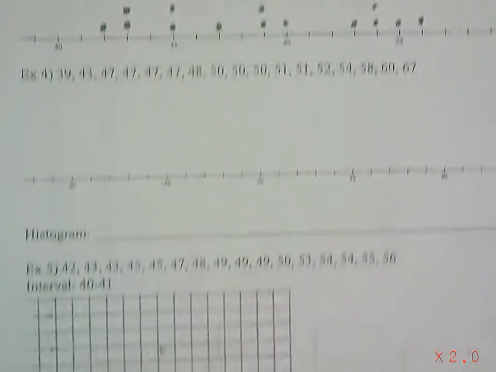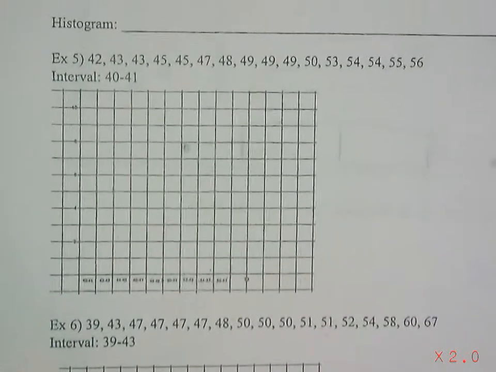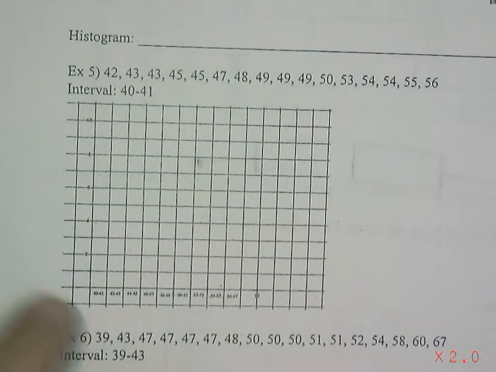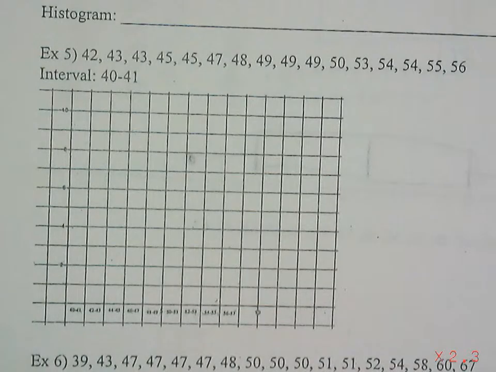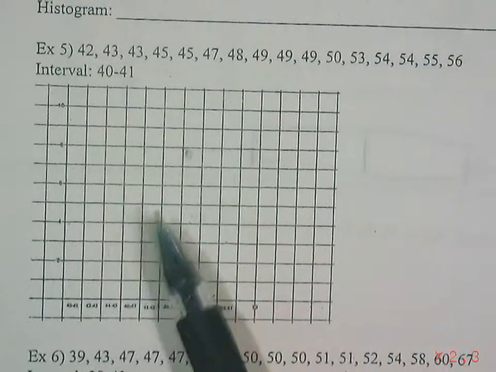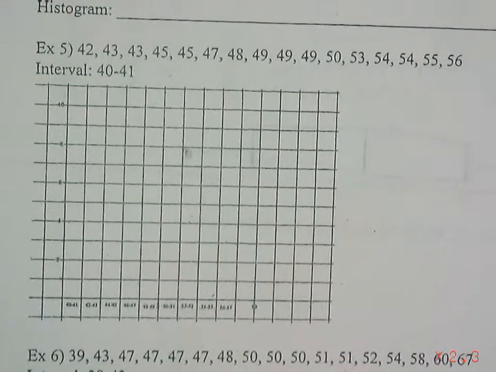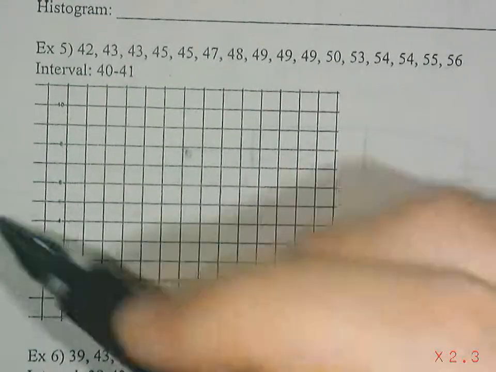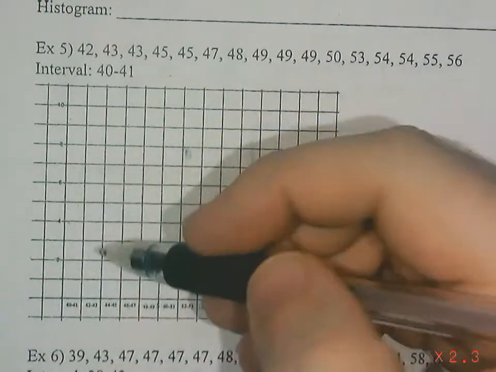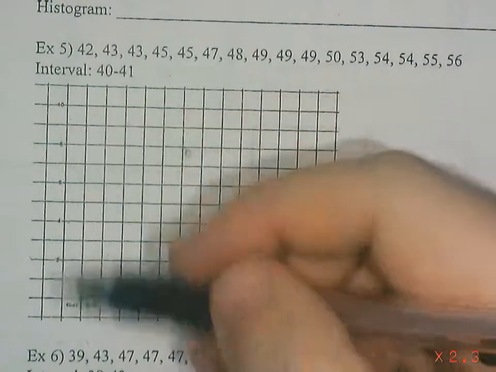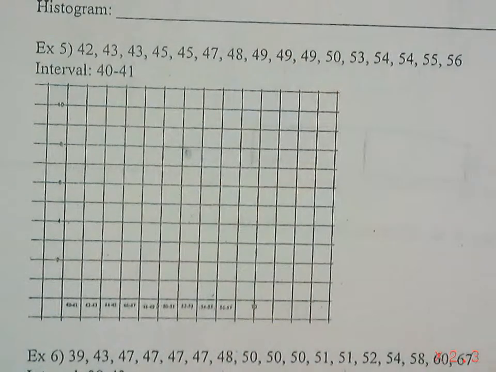Okay, and then histograms. I'm going to zoom in here maybe a little bit. Not really. So this is just going up by 2. So this is 40, 41, 42, 43, 44, 45, 46, 47, etc. Basically I'm going to draw a bar with how many numbers are in each interval here.